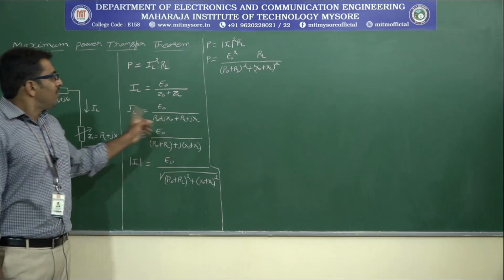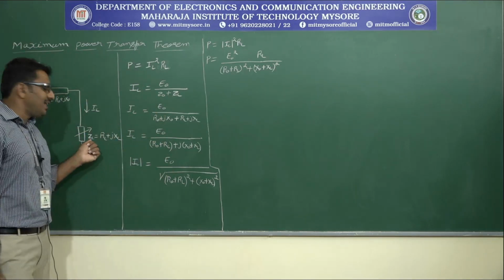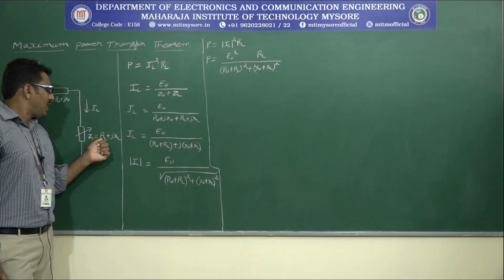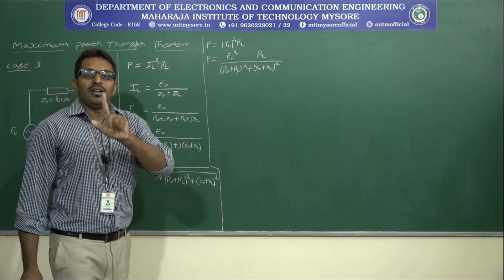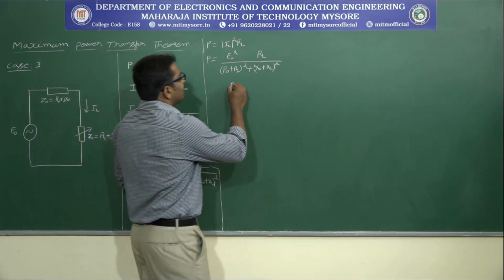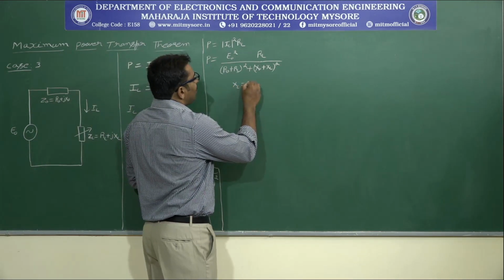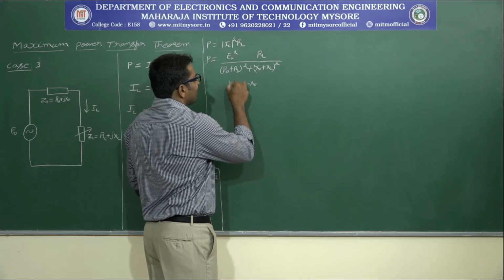Okay, so if the question is entire ZL is variable, I mean both RL and XL are variable, we need to substitute one condition. What is that condition? When XL is equal to minus X naught.